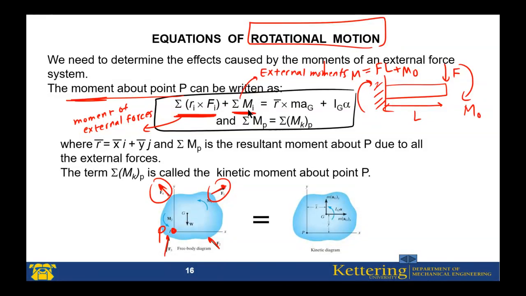Then, right-hand side, what are these ones? The easiest one is this. Left-hand side, I will look at the free body diagram. Right-hand side, I will look at the kinetic diagram. For the kinetic diagram, we have two inertial forces. Inertial force is mass multiplied by acceleration.